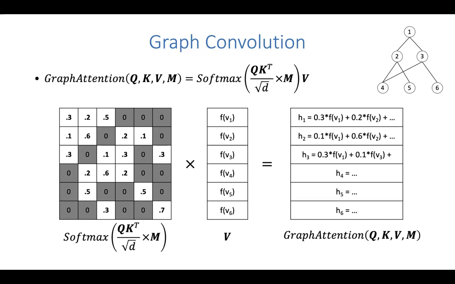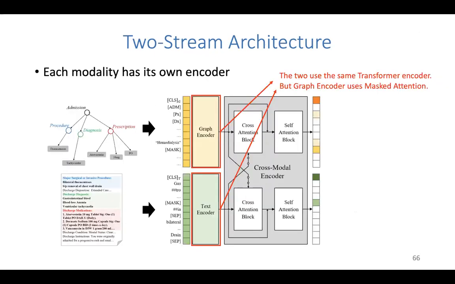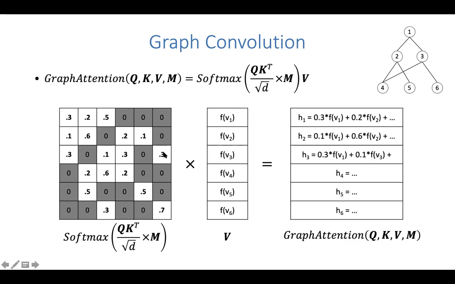You use a mask to mask out a certain portion of your matrix, and then assign non-zero probabilities for the remaining connected nodes. So that's how we can simply introduce this one particular matrix here, and that's how you change your transformer to a graph attention network, or graph attention transformer, or maybe you can call that a graph transformer.